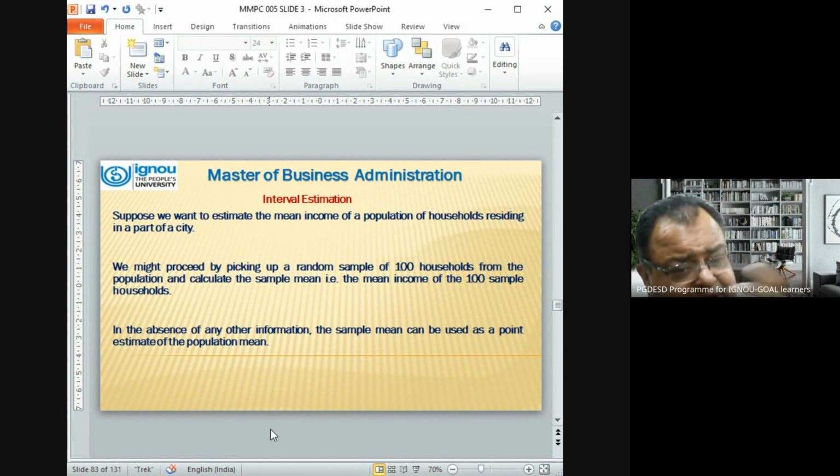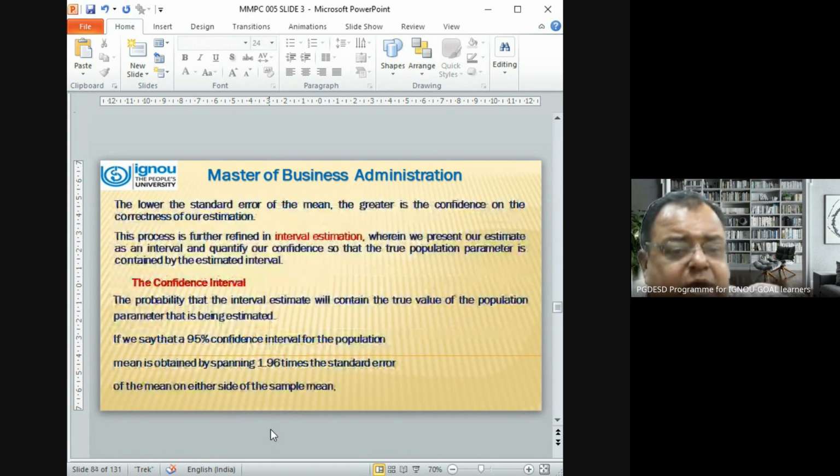In the absence of any other information, a sample mean can be used as a point estimate of the population mean. I hope you are aware of how mean is calculated. We did it yesterday. The lower the standard error of the mean, the greater is the confidence in the correctness of our estimation.